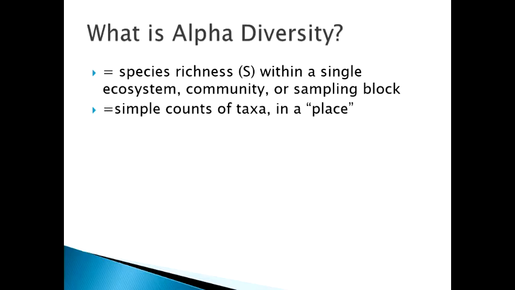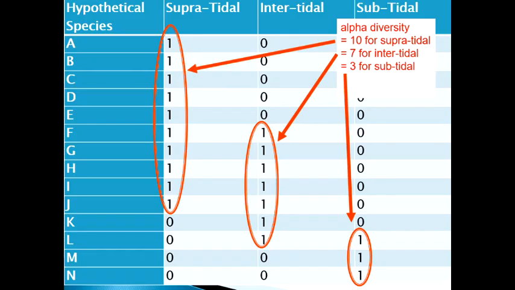What about alpha diversity? Alpha diversity is simply species richness within a single ecosystem or community or sampling block or whatever you're looking at. So you just count the number of taxa in that place. For our examples here, I've circled the number of species in each of the columns there.